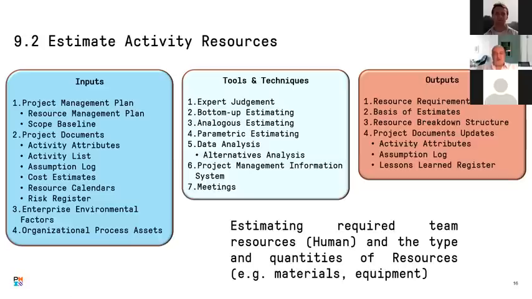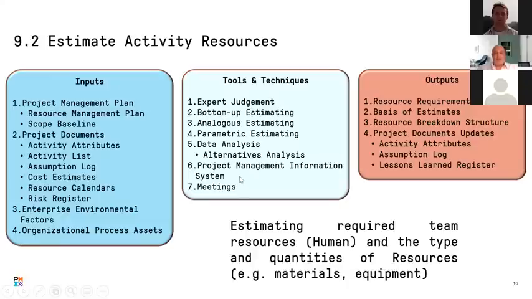So which resource are you going to use? It all depends on the time. If time is the biggest constraint that we have, maybe you are going to select the more efficient resource, but again, the more costly resource. So alternative analysis is really comparing different criteria for the different resources that we have.